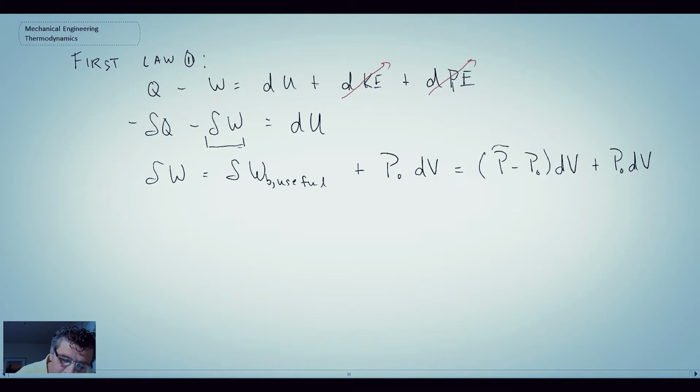So the reason why I'm subtracting off the P naught here is I want pressure above the surrounding atmospheric pressure, or our dead state pressure, P naught. So with that, what we can do is plug this term for the work into the first law, and what we end up with is this equation.